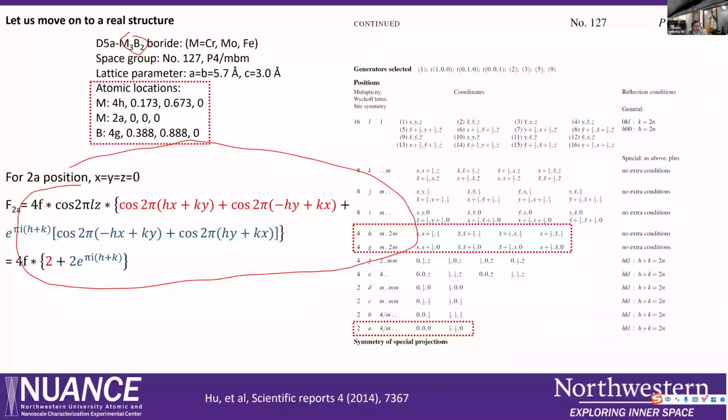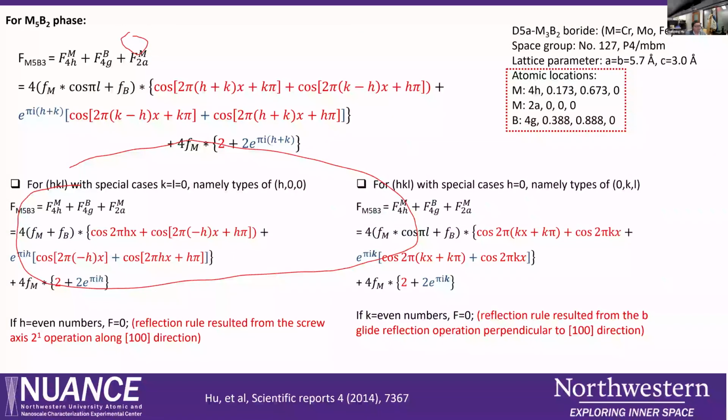Then you can analyze through this. The meaning is that F for this boride equals this. So if H is an even number, F is 0. If your HK0 has this type, then you get this one. This means for different types of lattice planes, they have different extinction rules.